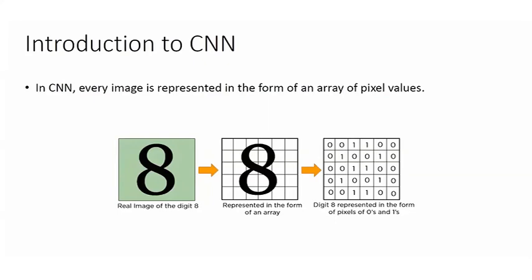What we have done in these algorithms, simply, we convert it into arrays of ones and zeros. So this 8 we divided into 25 small rectangles, and black color rectangles are marked as 1. So here you can see 8.